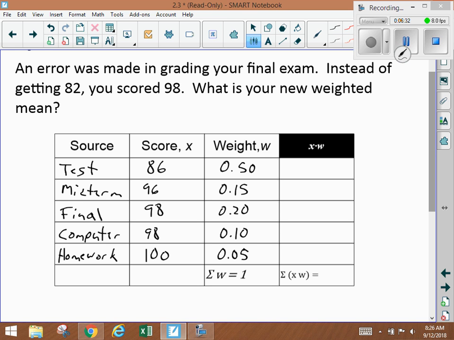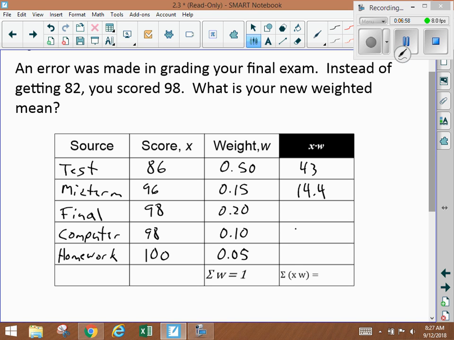The only thing we need to recalculate is the final. What about the test? X times W was 43. Then 42.4, 14.4, and 16.8 or 16.4. We have to recalculate this one. How about computer?